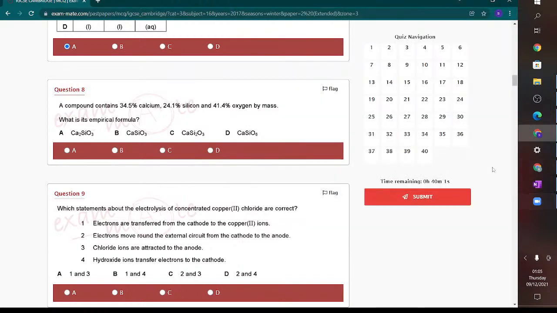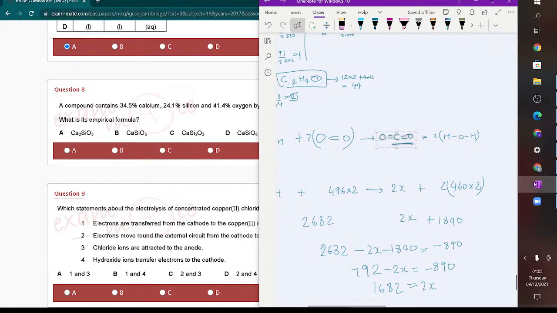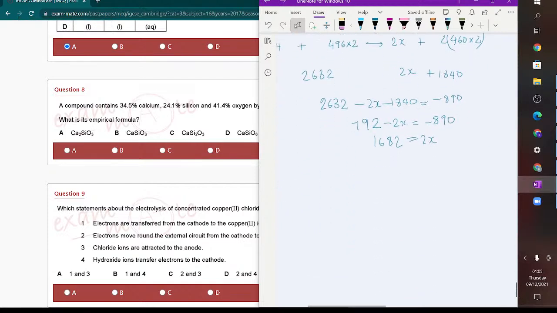Let's take 23. So 35.4 upon 40, which is 0.885.